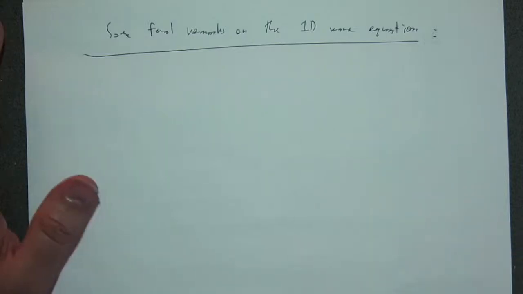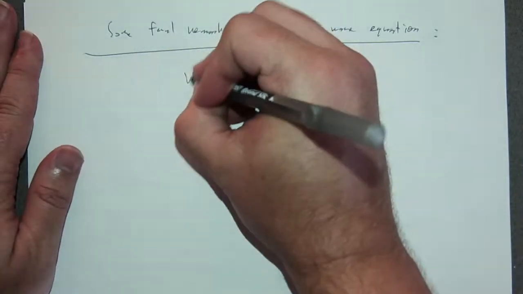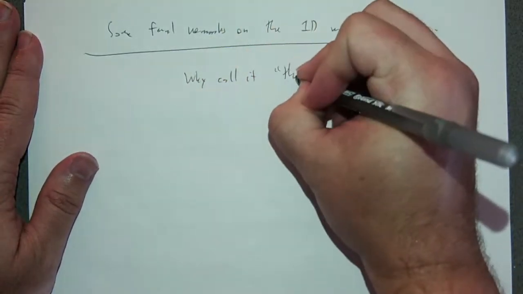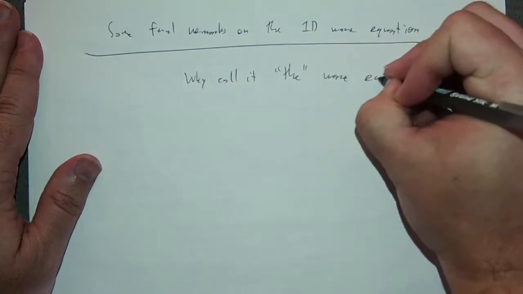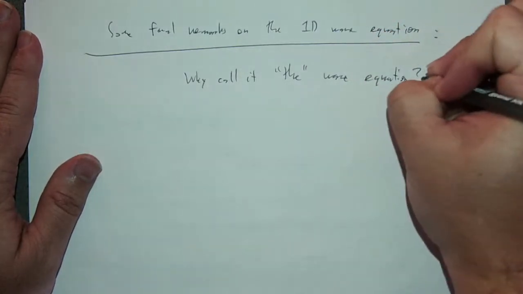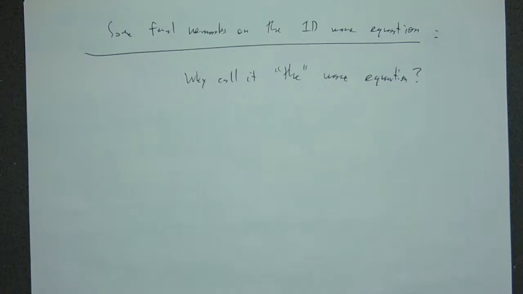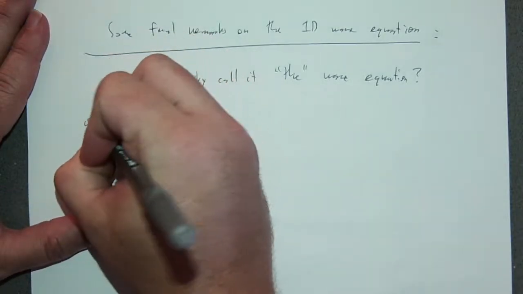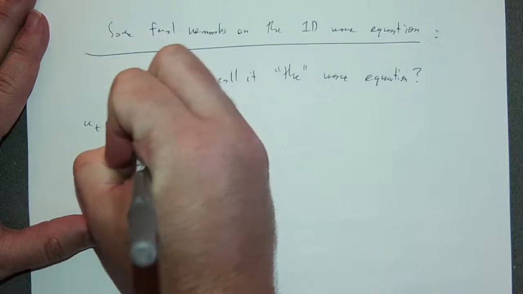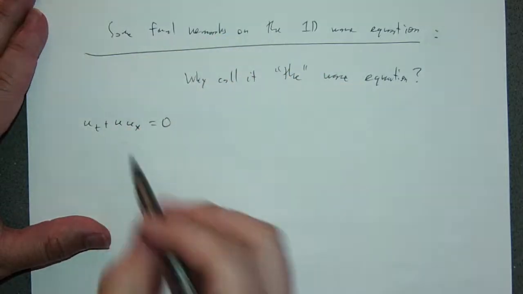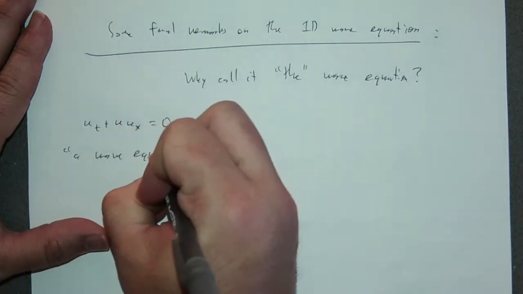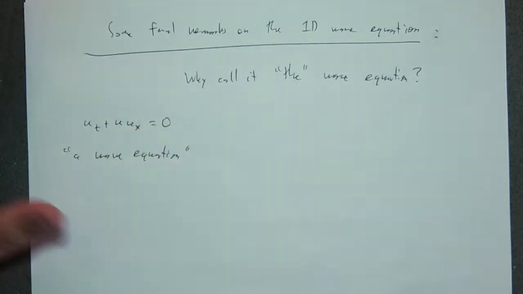Another thing: why call it the wave equation? It's mostly historical reasons. As we've already seen, the inviscid Burgers equation was an example of a wave equation, because what we used it to model was a wave breaking on a beach.